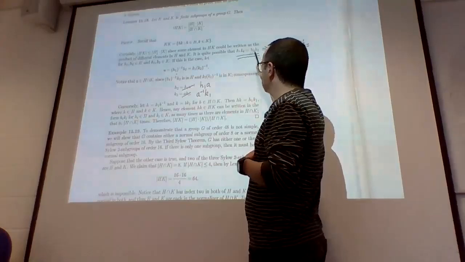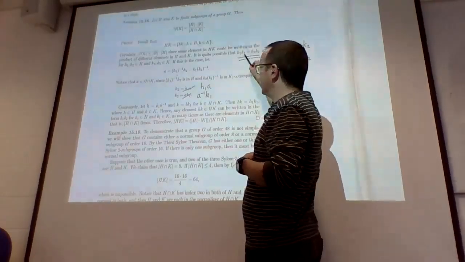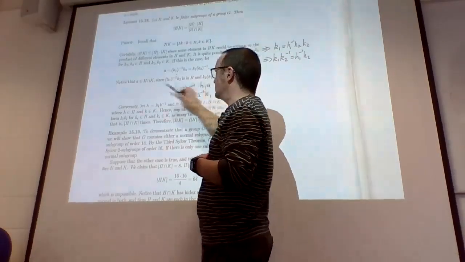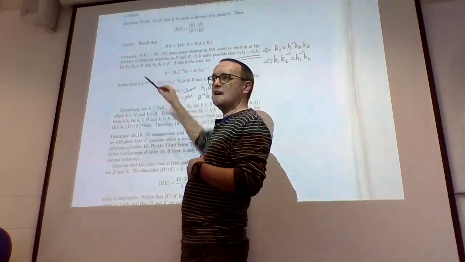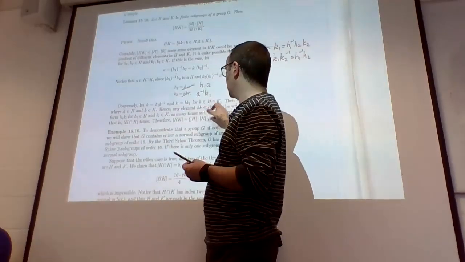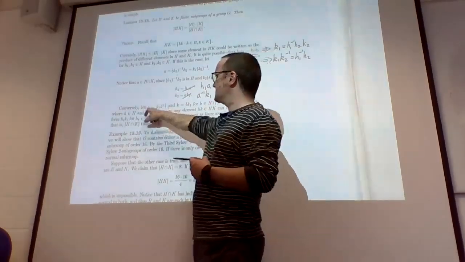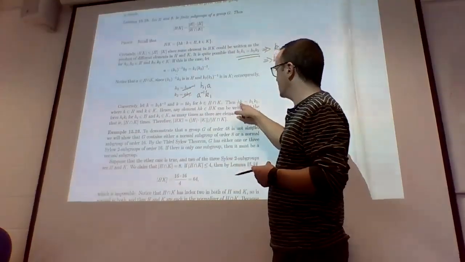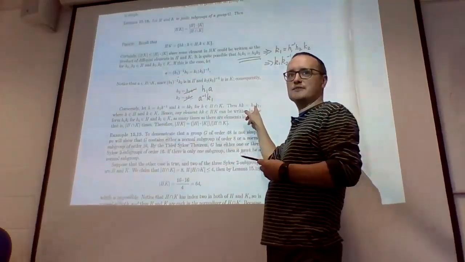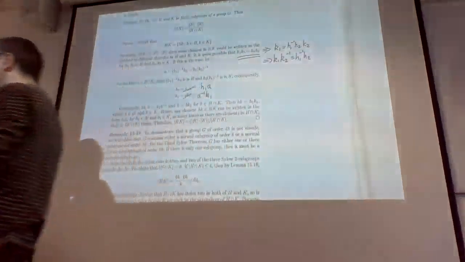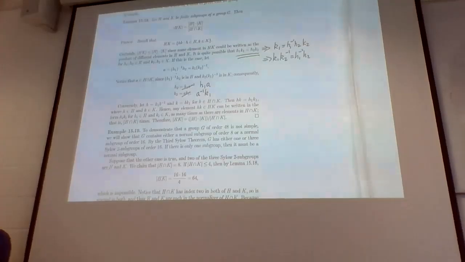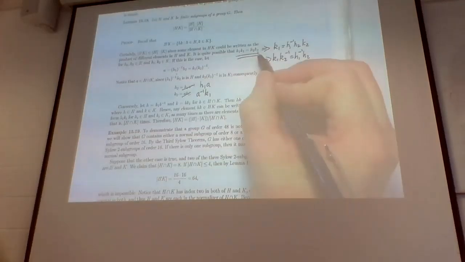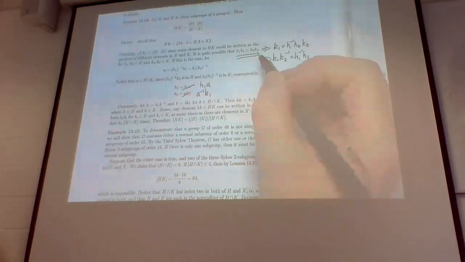Whenever you've got two distinct pairs that multiply together to get the same value, the second pair is related to the first via an element of the intersection. Conversely, if you take an element from the intersection and generate a second pair H and K from a first pair H1, K1, you get a new pair that multiplies together to give the same element. So this is like a one-to-one correspondence between elements of the intersection and different pairs H and K that give the same element as H1 times K1.